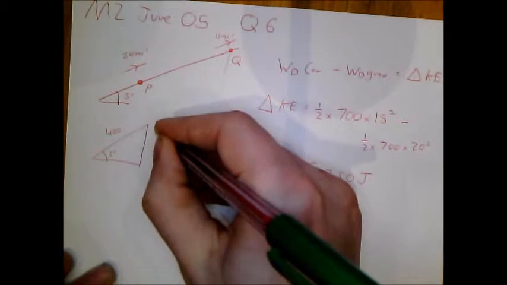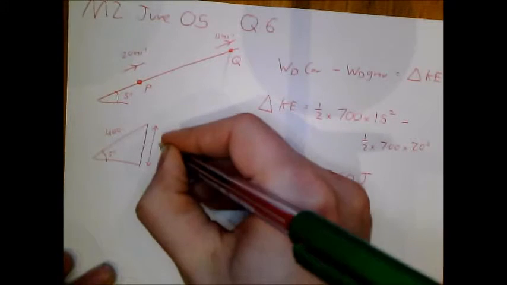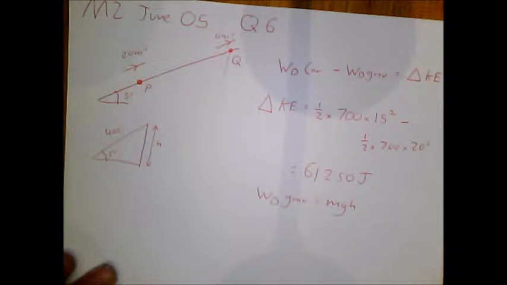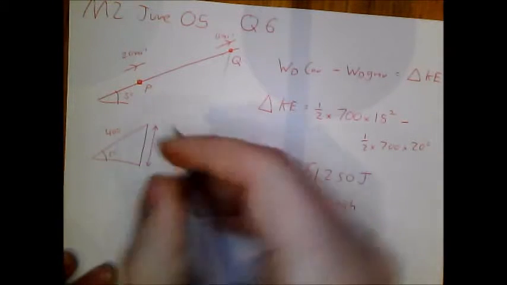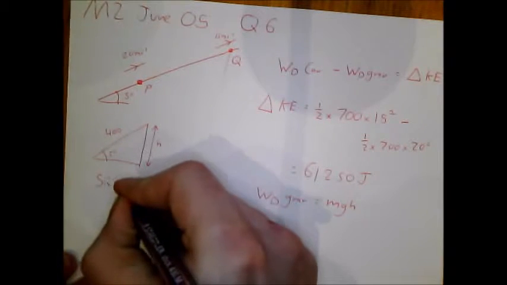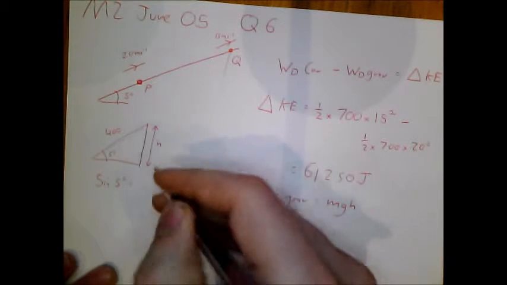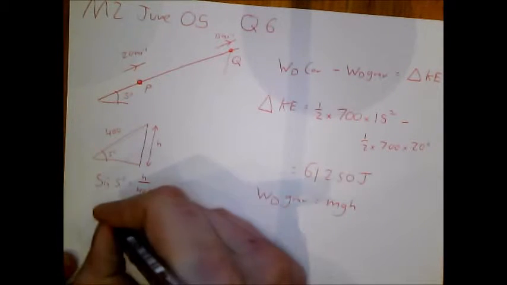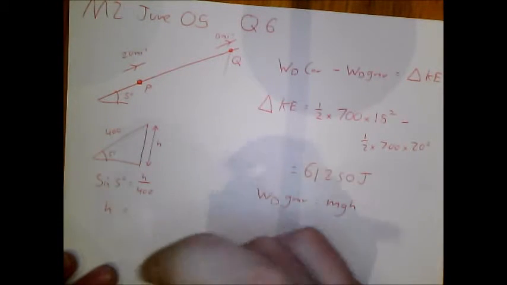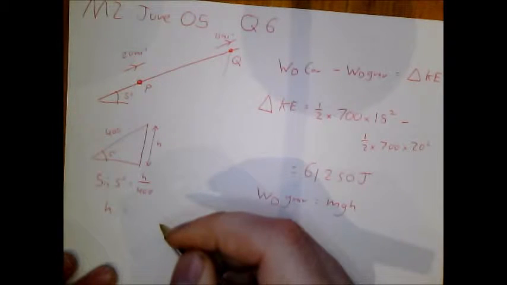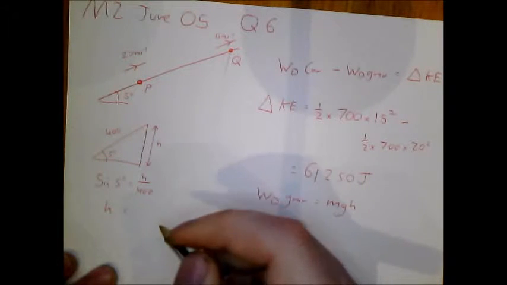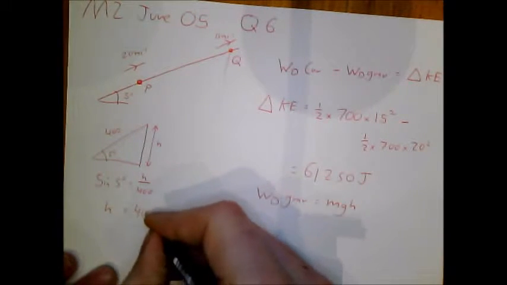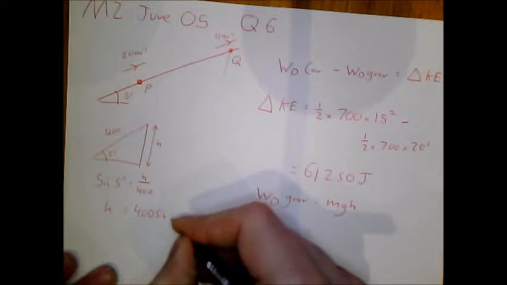Okay, so we can find the height easily enough. So sine of 5 degrees is equal to the height over 400. So the height is therefore 400 sine 5.